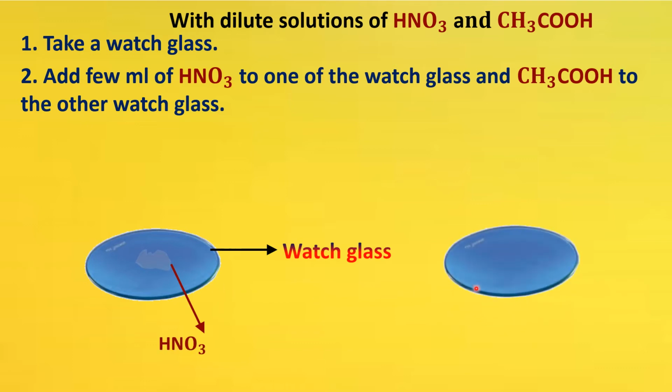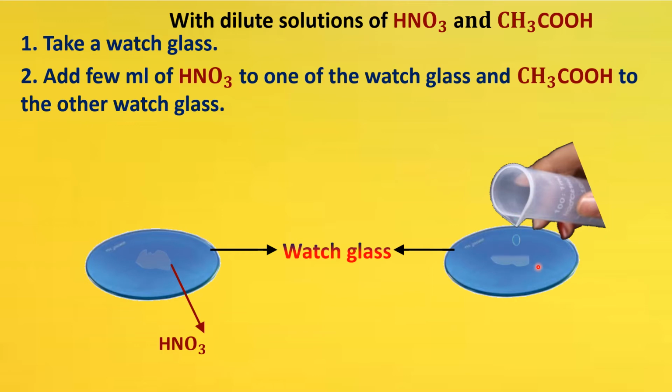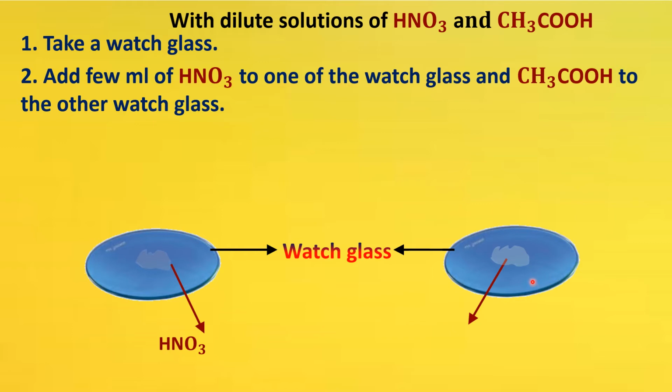Now we'll take another watch glass and add acetic acid solution. A few ml of the dilute acetic acid, we are pouring it into the watch glass. So the fourth solution which we have taken is dilute acetic acid.